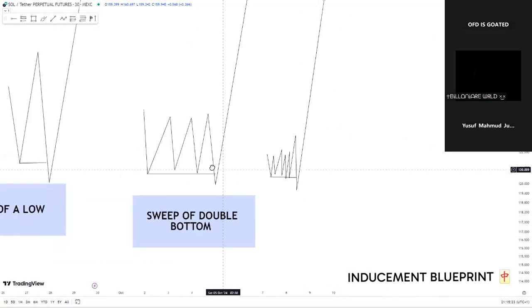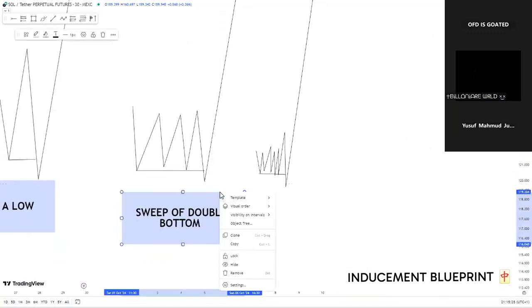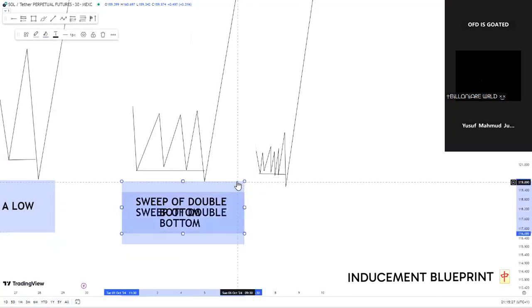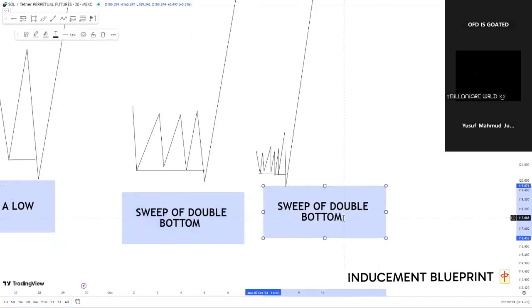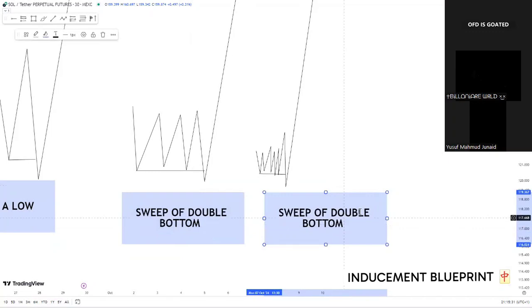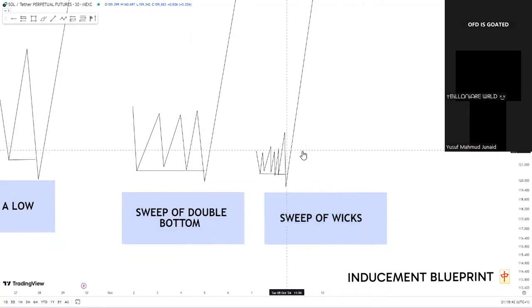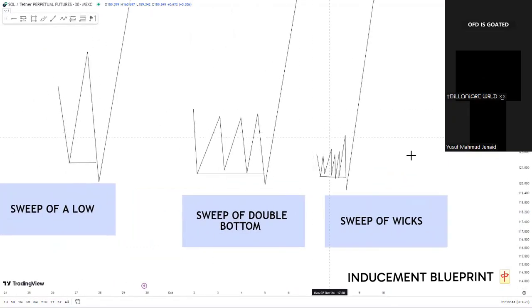And the other one will have a sweep of wicks. So in this scenario, these are the main valid sweeps of liquidity we have in the market. Hope you guys are getting me.